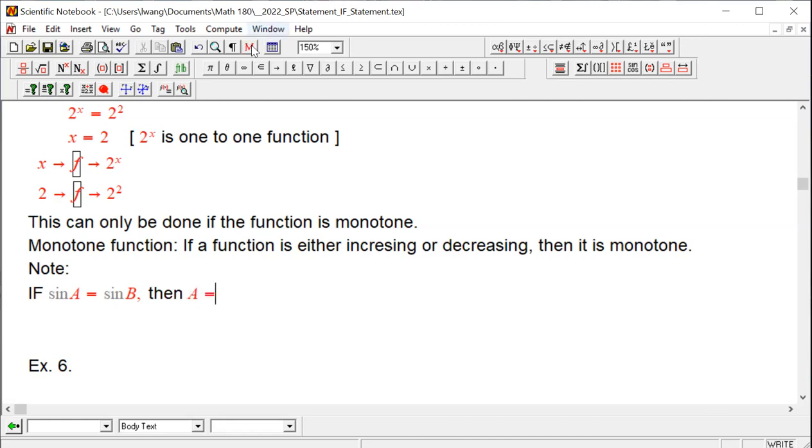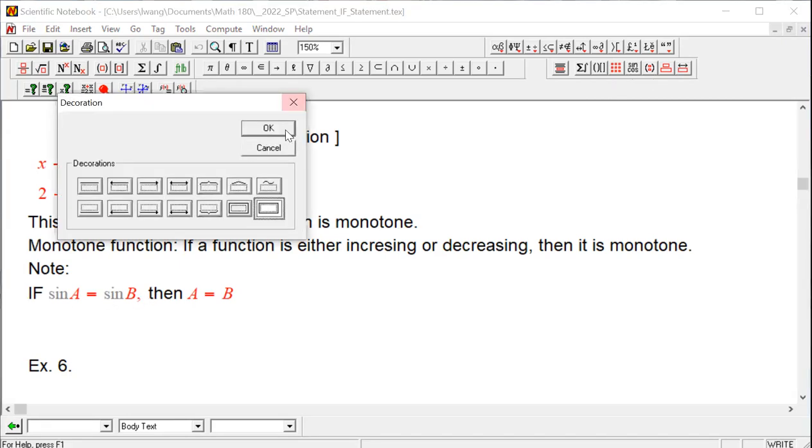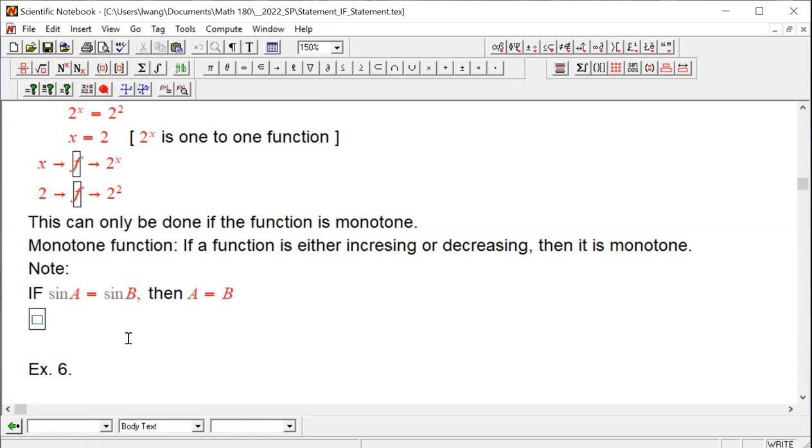Could I say A equals B? Is this if statement correct? In other words, we have this rule of function. The rule is sine.